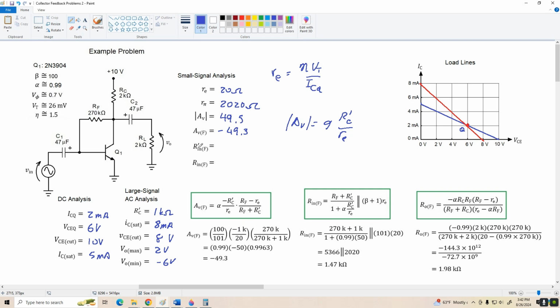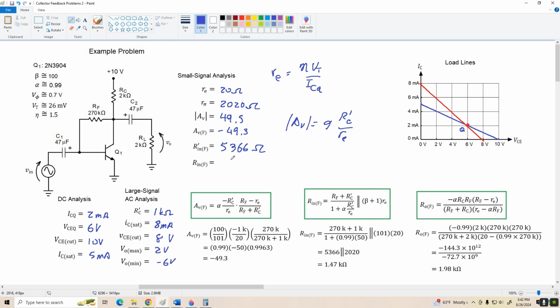Rin looking into the feedback resistor itself from the input source perspective is the first term in this equation, and that would be 5,366 ohms.